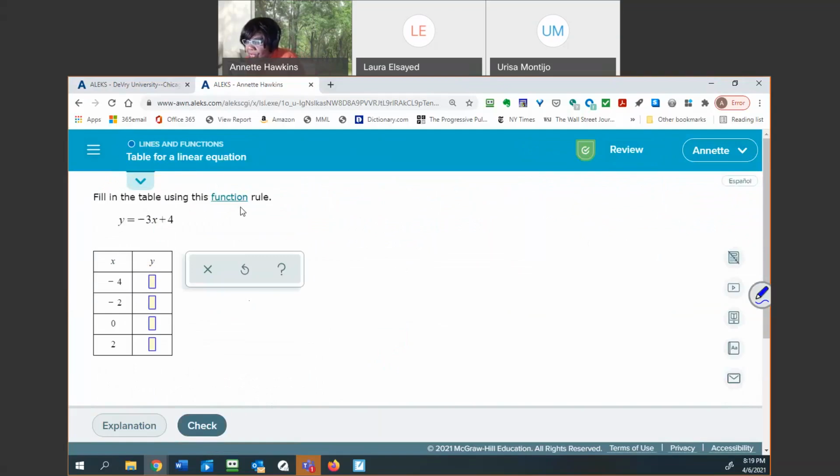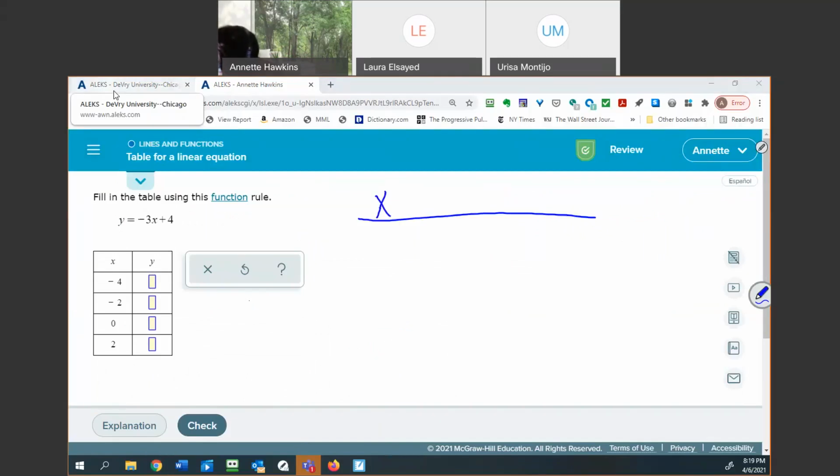Well, the rule says whatever x is, multiply it by -3 and then add 4. So that's what the rule is. So this is what we're going to do. We're going to make a table with x, and then y equals -3x plus 4.